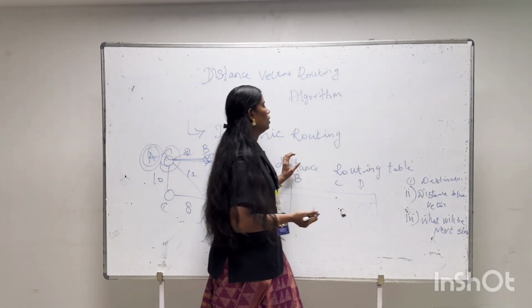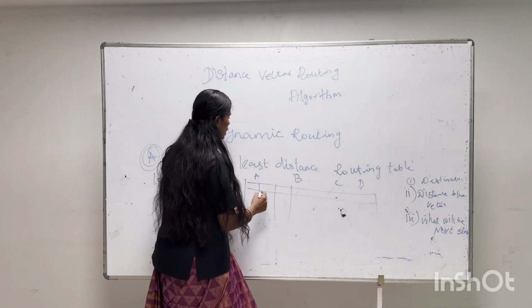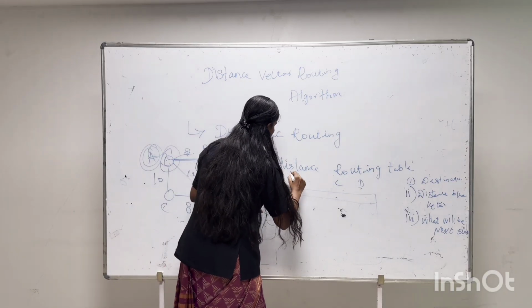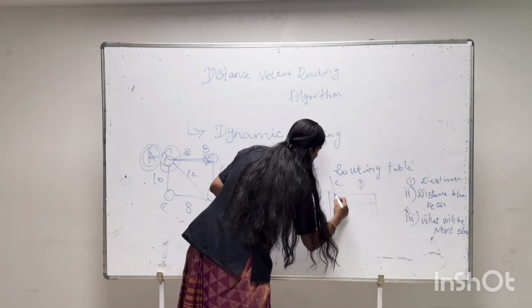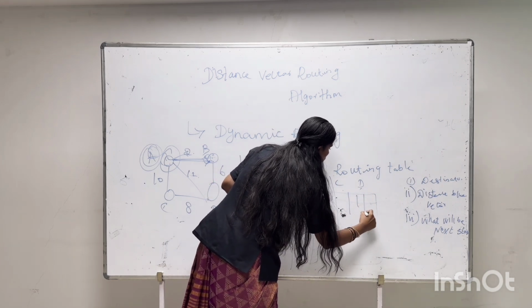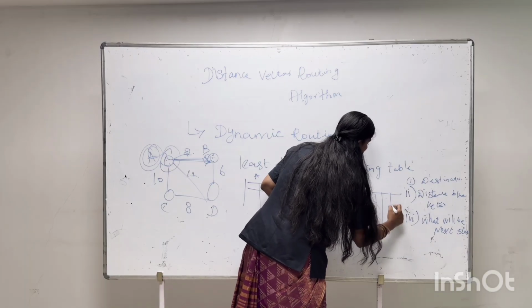So these are the routing table categories. For the 4 vectors, we have the 3 categories of routing table for A, B and C, and for D also I have divided it into 3 categories.